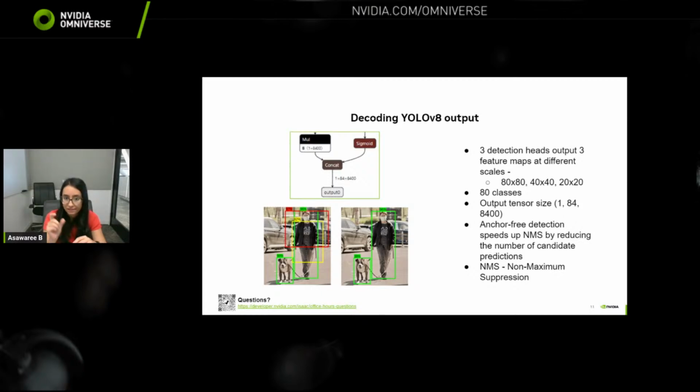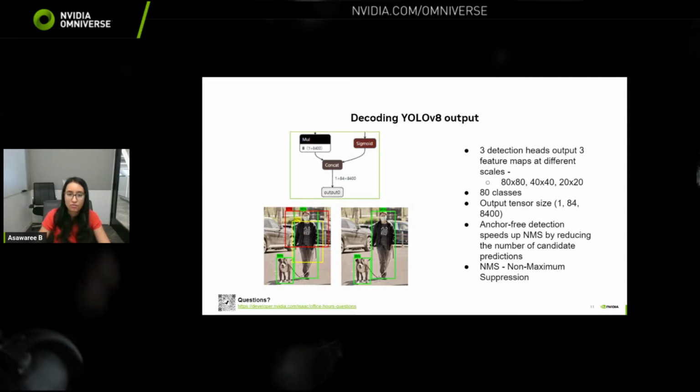What the 84, that second dimension over here, is, is just the number of classes, which is 80, plus 4. And that plus 4 corresponds to the bounding box x and y coordinates and the height and the width of the bounding box.